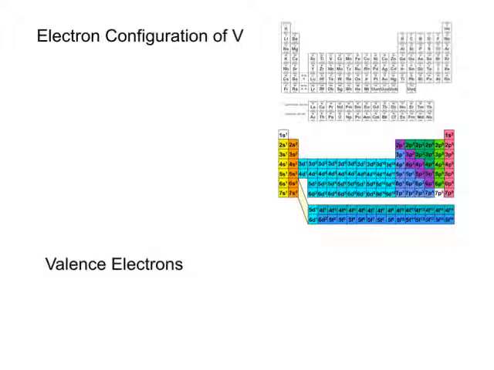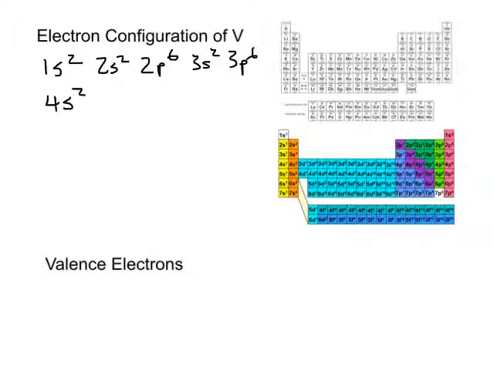So that's the 1s, 2s, 2p, 3s, 3p, 4s, and 3d. So last part of the 1s, last part of the 2s, of the 2p, of the 3s, of the 3p, of the 4s, and then I am 3 into the 3d.